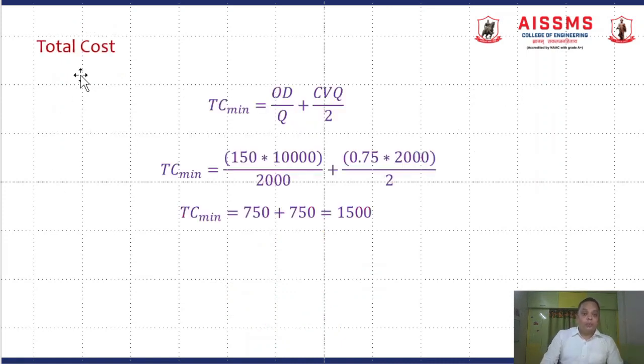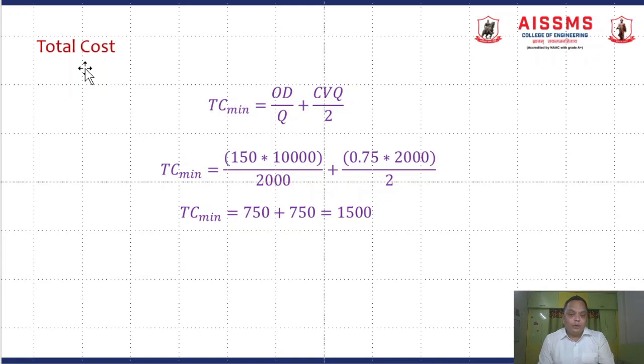If you want to find the total cost of inventory, we have already seen that the minimum total cost of inventory is nothing but ordering cost plus carrying cost. Ordering cost is O into D, annual demand, divided by EOQ, the quantity we are going to order, plus CV, the inventory carrying cost, into quantity 2000 divided by 2.